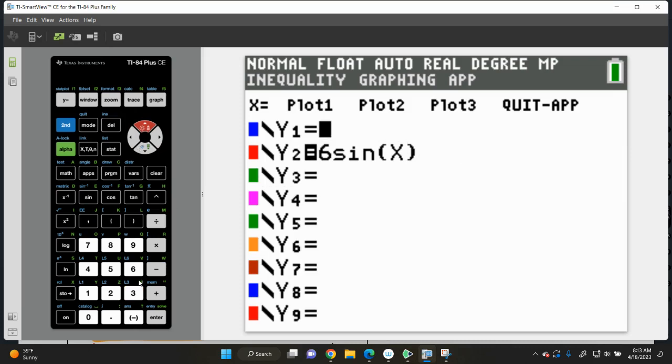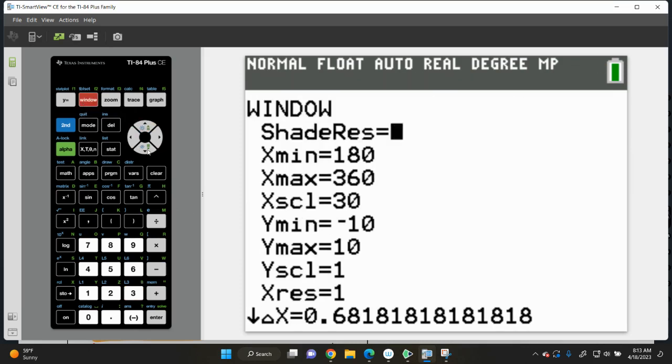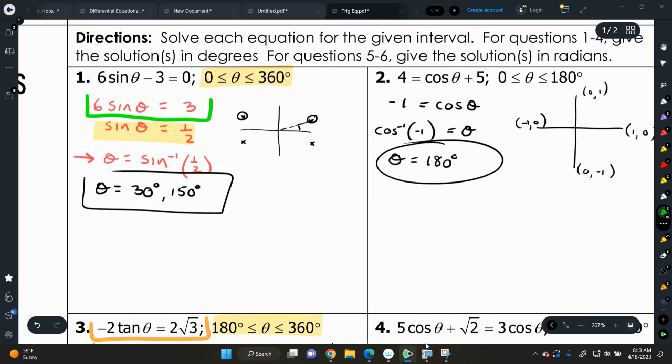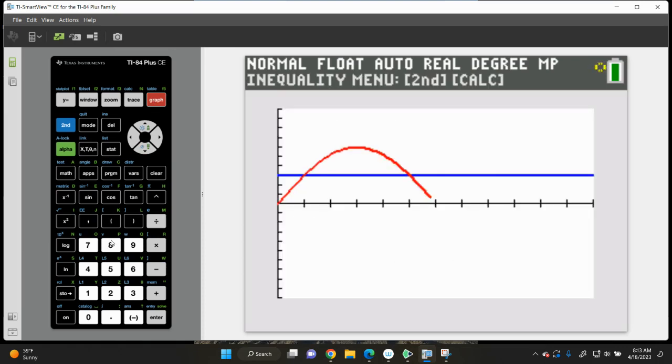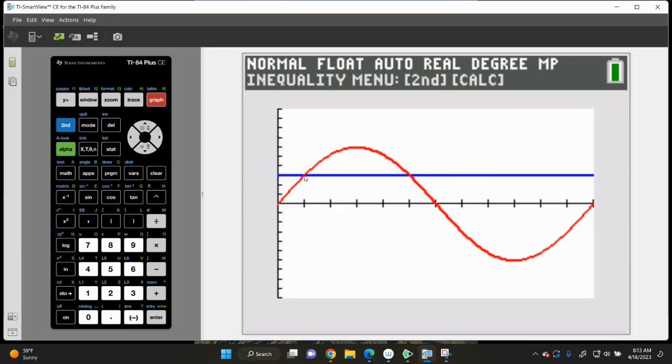Okay, 6 sine theta equals 3. So we're going to set our window. This one was going from 0 to 360. Okay, and yep, we said that the solution was at 30 and 150. So graphing it, sure enough, 30 degrees, 60, 90, 120, 150.